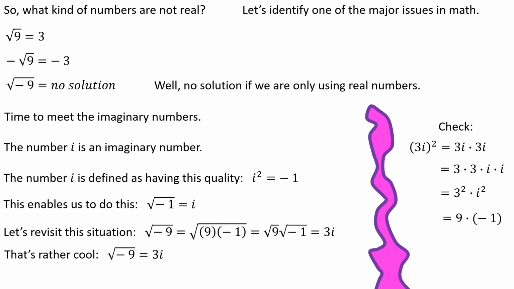And so the 3 times 3 becomes 9. The i times i, also known as i squared, becomes -1. And sure enough, if I multiply, I get -9. So if I start with the square root of -9, the answer is 3i. If I start out with the 3i and I square it, I get -9.